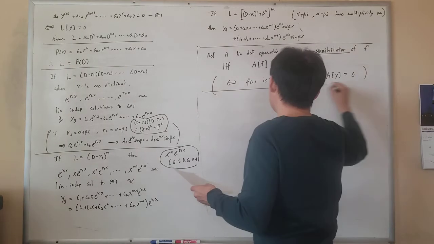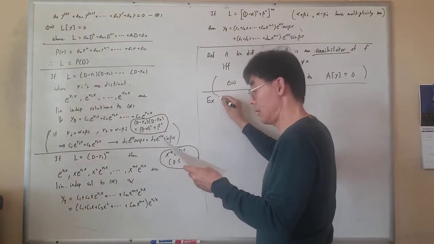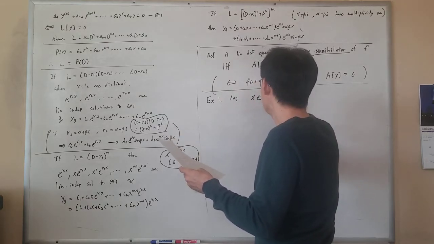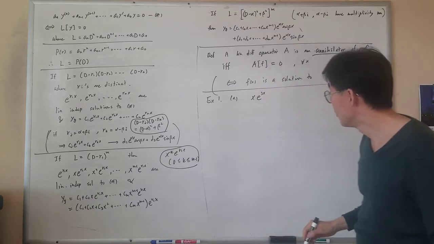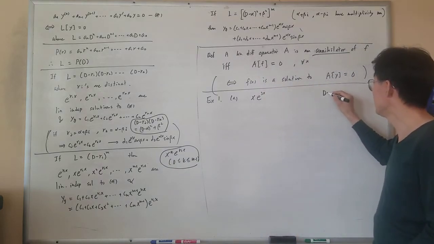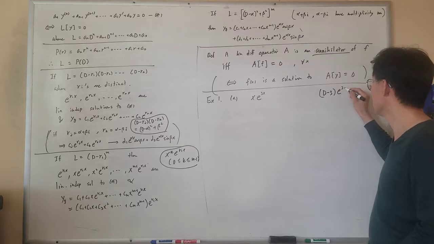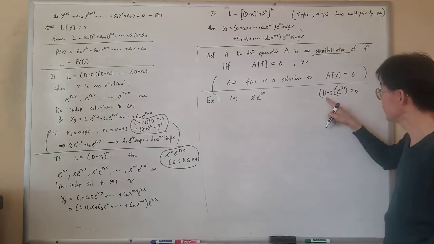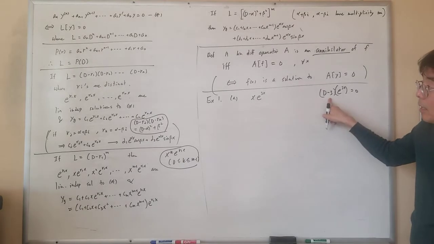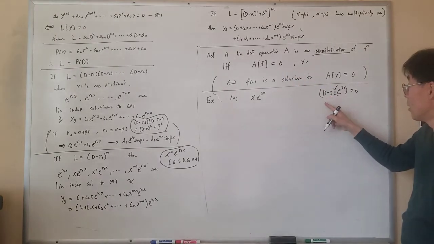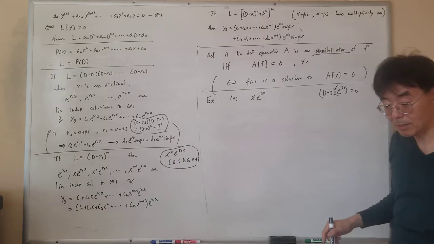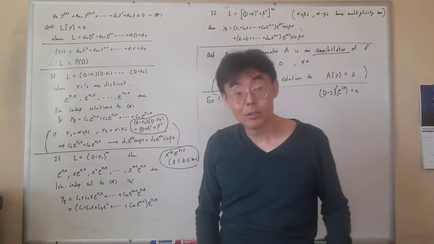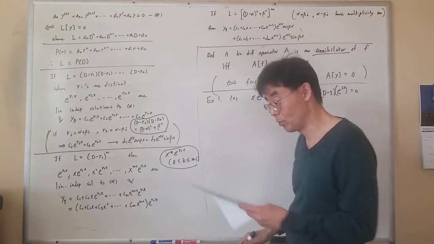So example 1. Find the annihilator of x times e to the 3x. Well, we know that D minus 3 annihilates e to the 3x, right? The corresponding characteristic equation is r minus 3 equals 0, so r equals 3. When you have x, you have to have at least a square, right?